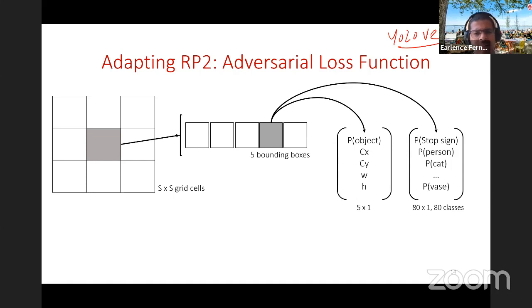At a high level, YOLO divides a scene into S by S cells. In the implementation we experimented with, S was 19, so this would be 19 by 19. Each grid cell is responsible for predicting up to 5 bounding boxes. This is a parameter of how the network is configured.